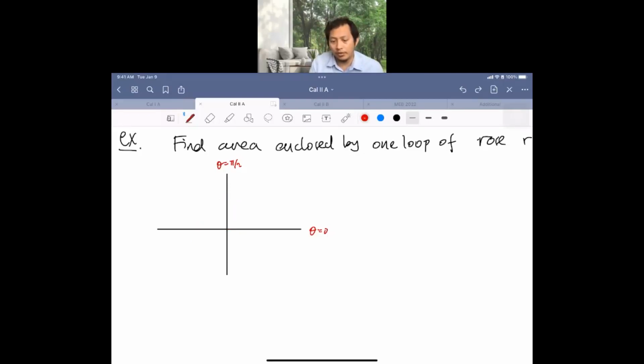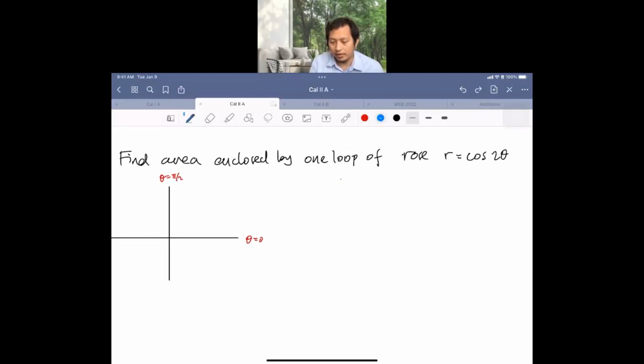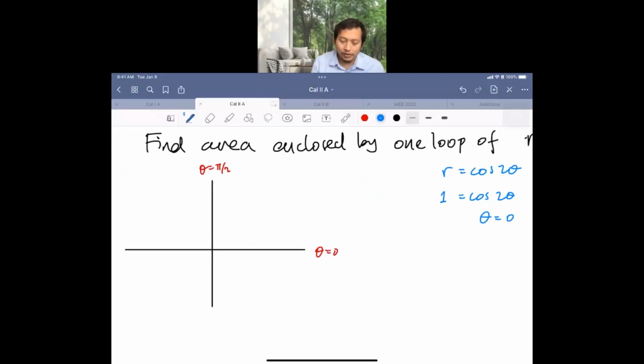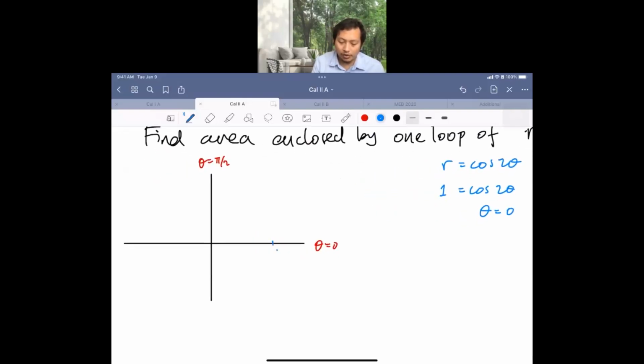Okay. And then we are going to look at the radius. So if we look at this r equals cosine 2 theta, we have the maximum radius of 1, right? When cos is 0, or 2 pi, etc. So we could say that we start from this 1.